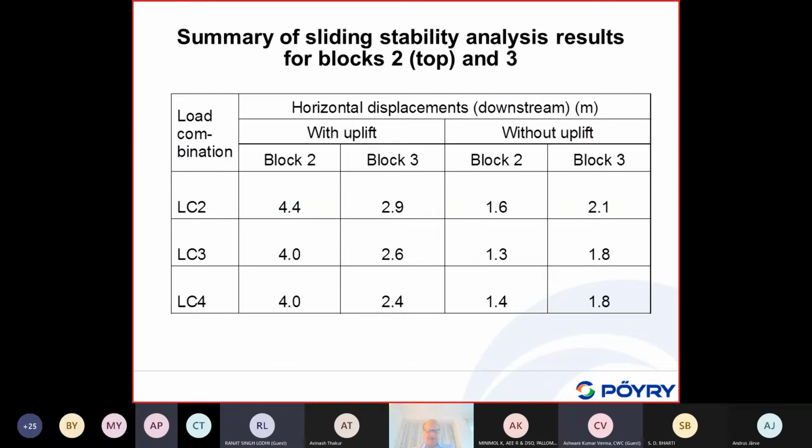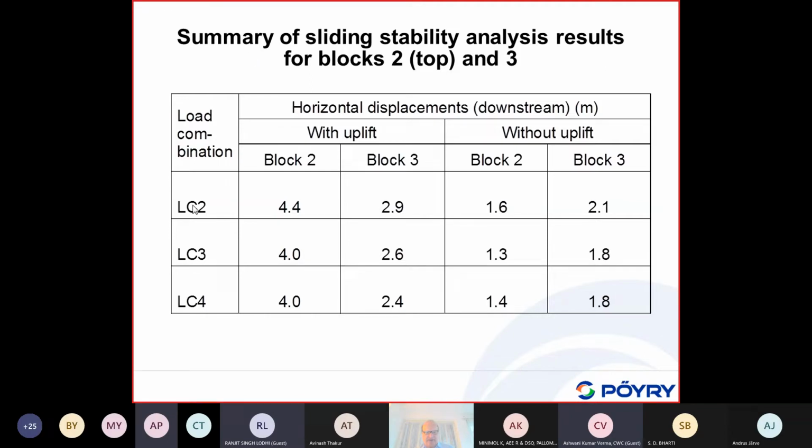Now, I would like to give a summary of the sliding block stability. I cannot show here all the results, but I want to show a little what the sensitivity is and what the critical factors are. The results I'm giving here are for a friction angle of 37 degrees.